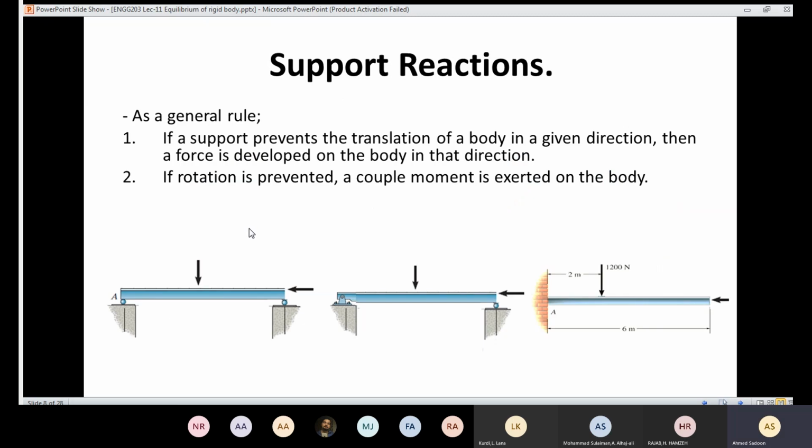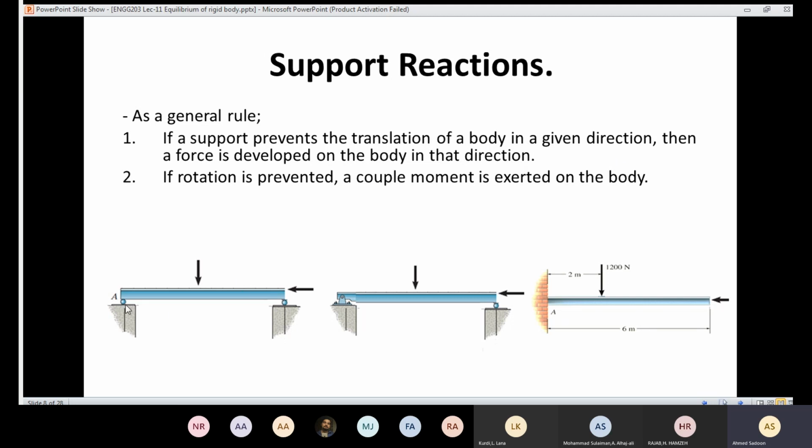So how to deal with the support reactions? We have a general rule for that, 2 rules. If you understand those general rules, you are going to be on the safe side. So the first rule says that if you have a support that prevents translation of the body in a given direction.